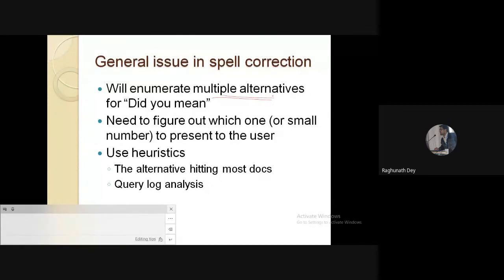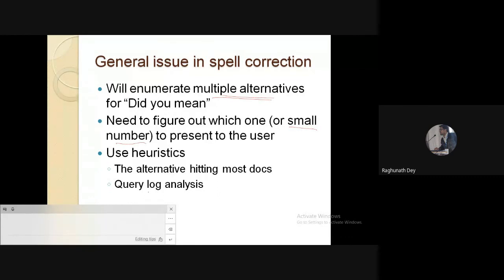We have to suggest something correct, but it should not be very large. We should try to show a very small number of suggestions. Though there are several possible solutions, out of that the best one, or the more frequent one, should be suggested. How can it be done?